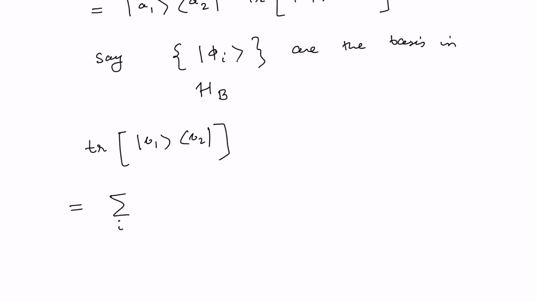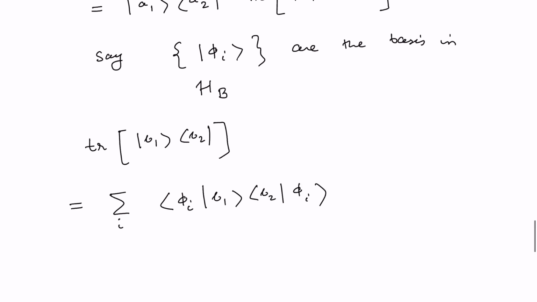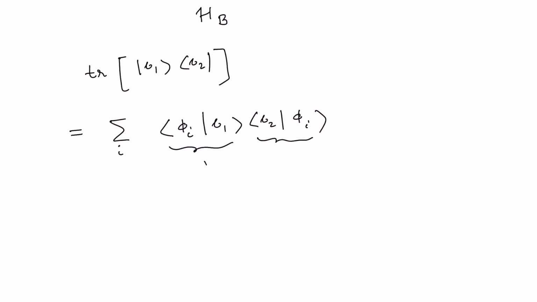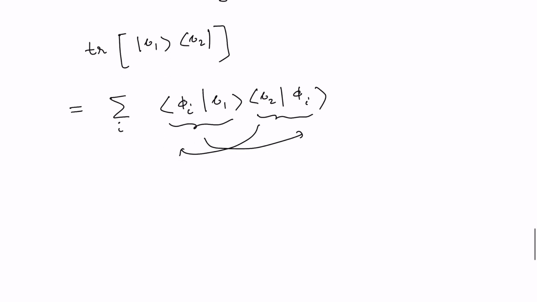So I have to take the trace with respect to the basis state phi I, because phi I are the basis states corresponding to the Hilbert space describing the system B. So I have bra phi I, then for the system B I have ket B1 bra B2, then I have ket phi I, and as you can see these are just numbers, so I can take this to the other side, and I can take this to this side. So if I do that, what I'm going to get is this: sum over I of bra B2 ket phi I, and this is bra phi I ket B1.